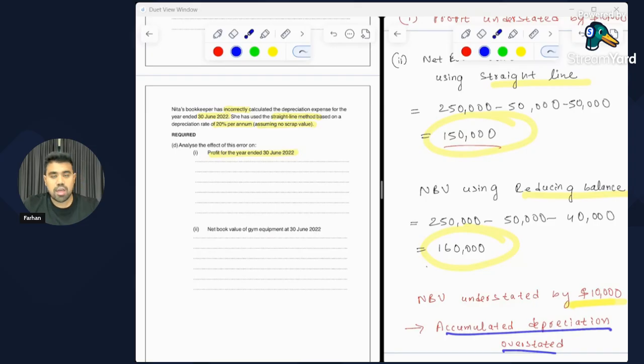Using the straight line method for the year ending 30 June 2022, the depreciation was $50,000 when the correct depreciation under the reducing balance method would have been $40,000. Because of this overstatement in accumulated depreciation, we ended up understating our net book value by $10,000. That's all for today's lesson.